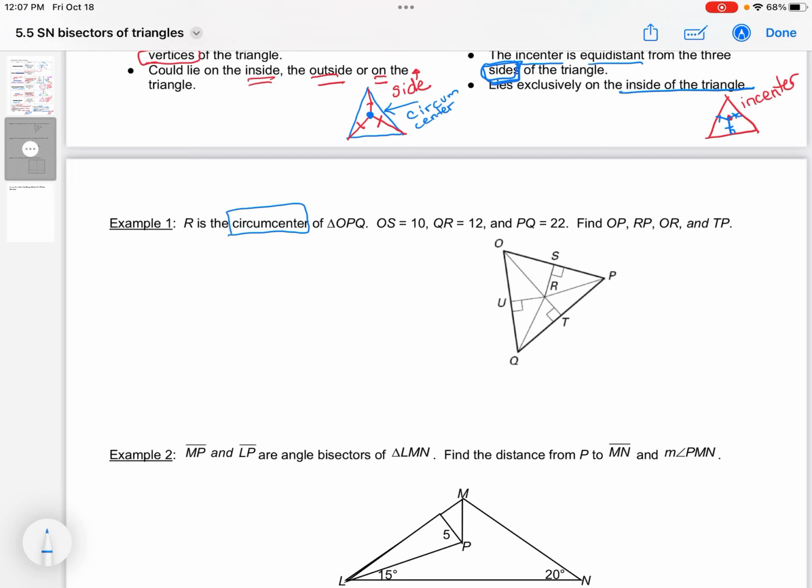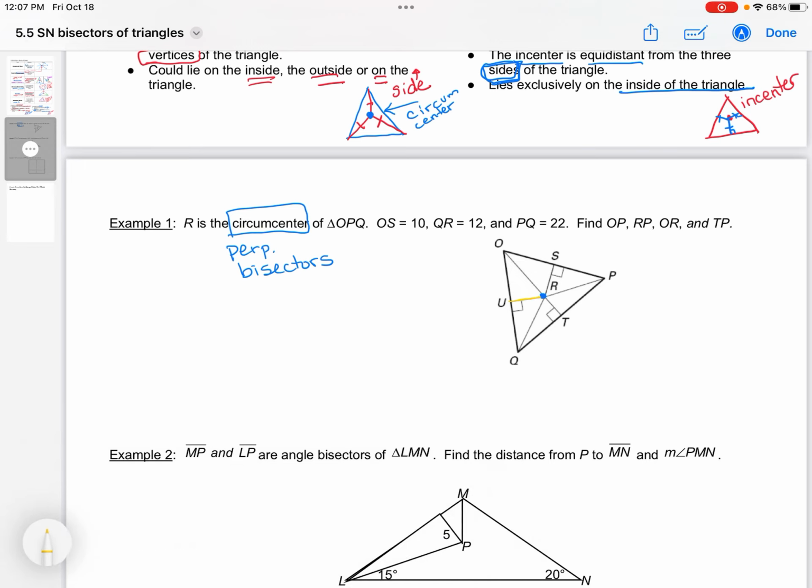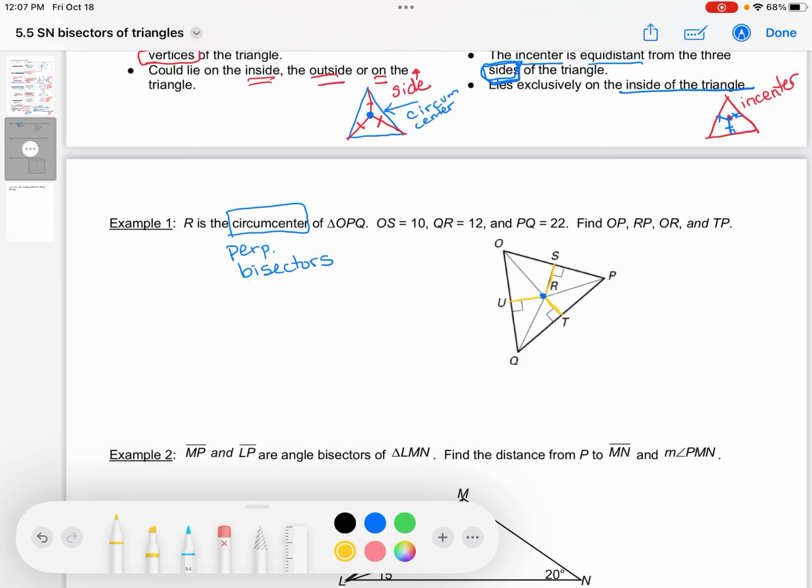So when we see circumcenter, we immediately think perpendicular bisectors. So R is this circumcenter. So remember, let's see how I can do this. Remember that these are the lines we drew to find the circumcenter.